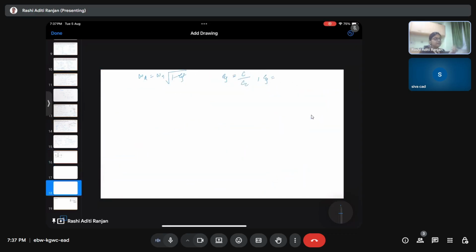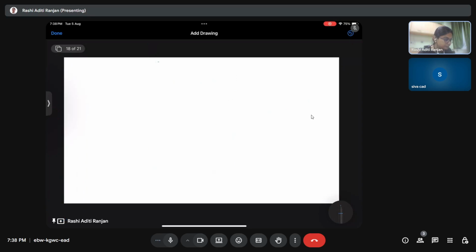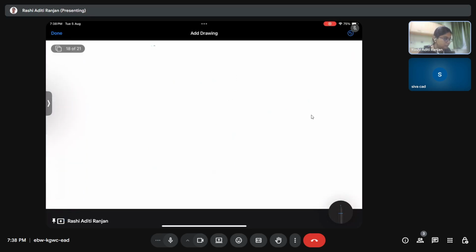Or rather, to find this, what if we use the equation which says omega d is nothing but a by l under root of k by m minus c a by twice of m l, whole square, right? What do we get from here?